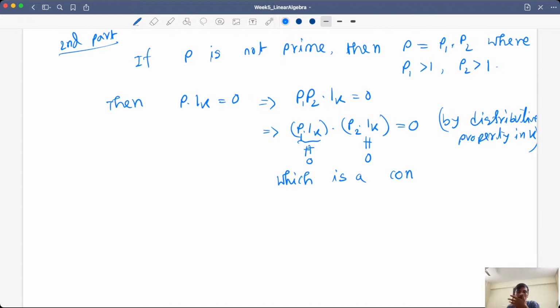Multiplying two non-zero elements, you get 0. Contradiction to K being a field. Hence P must be prime.